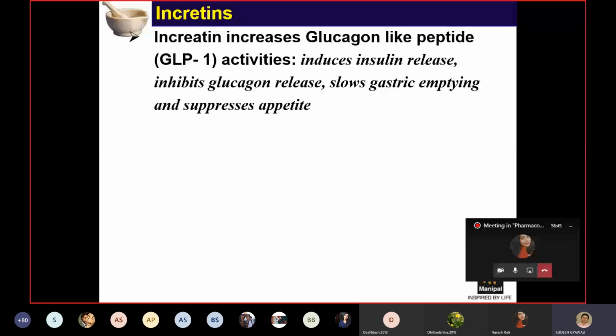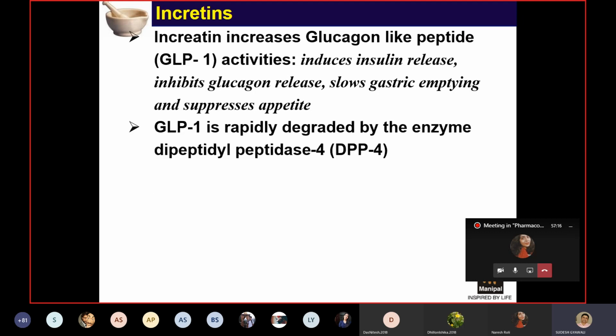What incretin does is it induces insulin release, inhibits glucagon release, slows gastric emptying and suppresses the appetite. Since it induces insulin release, the drugs which increase the incretin level are beneficial in diabetes mellitus, and we are using them.